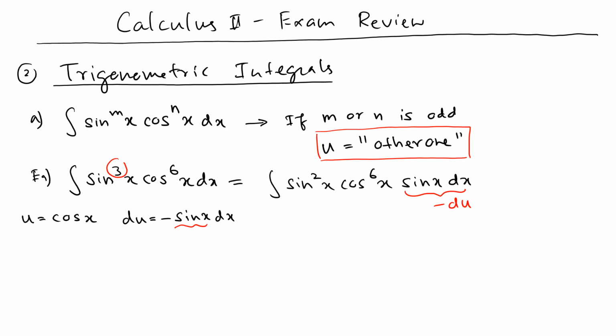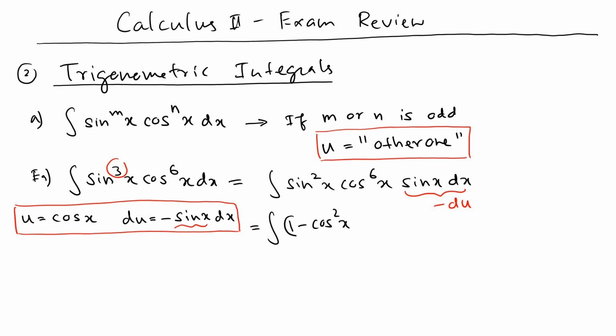Now we can rewrite the rest of the integral using cosine, everything else using cosine. That's the substitution part. Sine squared you can write as 1 minus cosine squared x. Cosine 6 we leave.